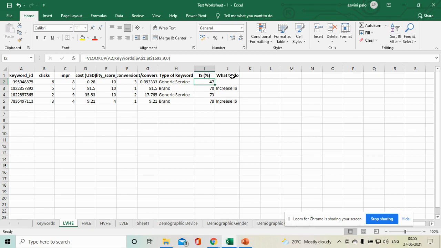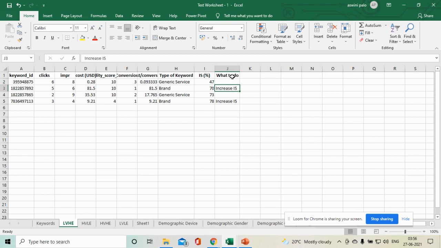So there the best option is to increase the bid value. Deepan might have already explained to you about different bid strategies. One of the bid strategies is improve target impression share.